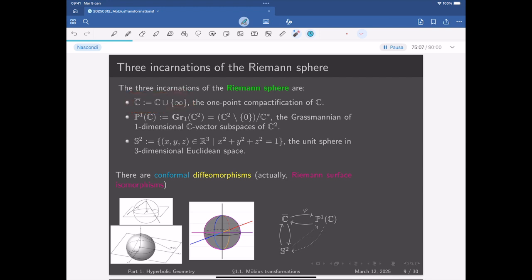Another incarnation is the complex projective line. As a set, its points are the one-dimensional C vector subspaces of C^2. And again, what topology do I take?